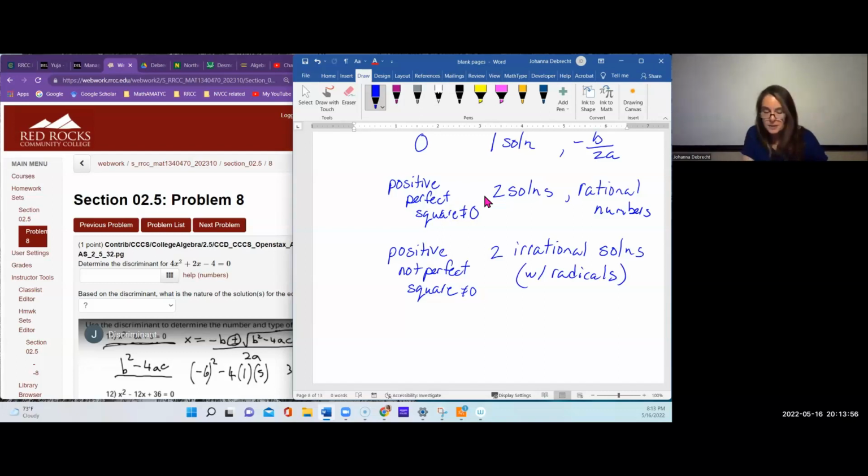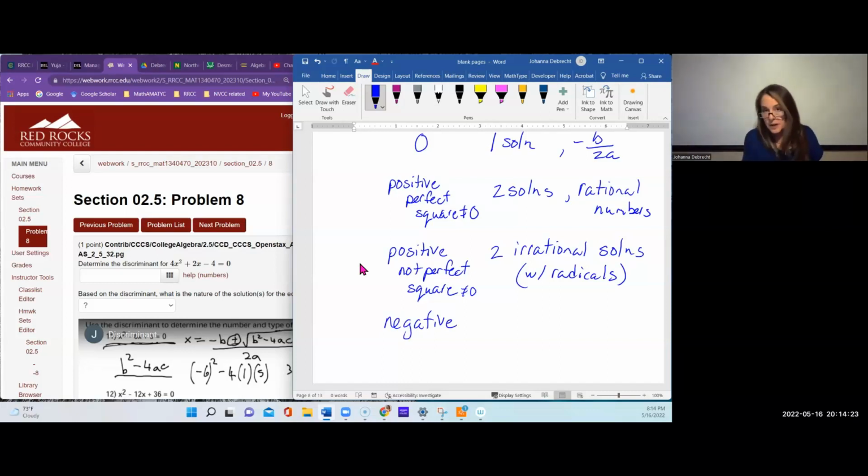There is one other possibility that we haven't included yet, and that is if it's a negative number. If it's a negative number, the number is not found on the real number line. It's found on the complex number system. It's an imaginary number. In this class, we're primarily going to deal with just negatives, though we could have negatives that are perfect squares and negatives that aren't perfect squares.